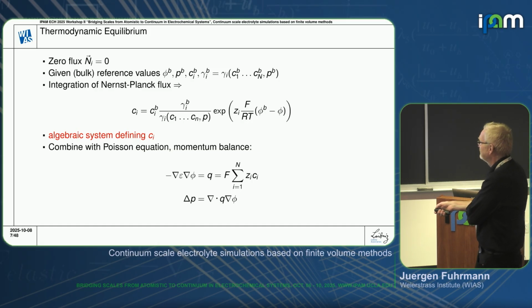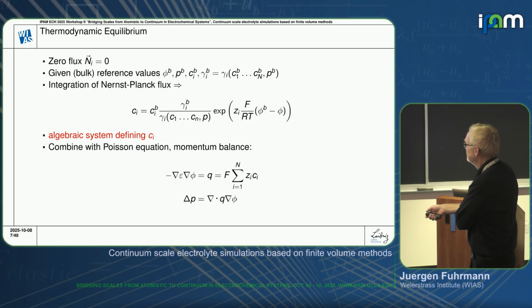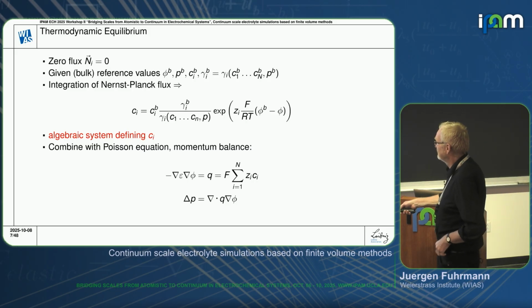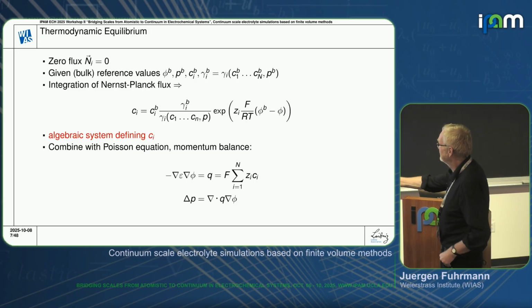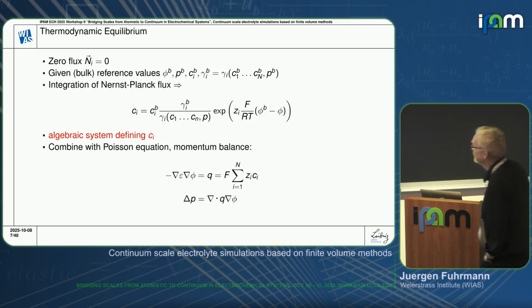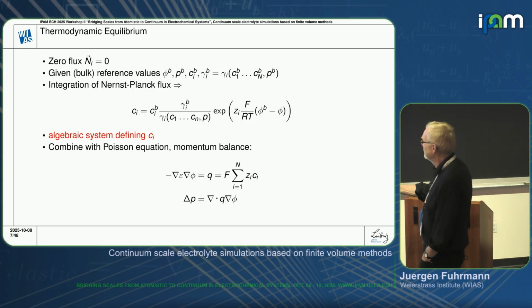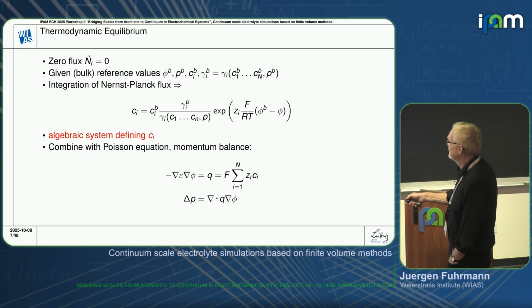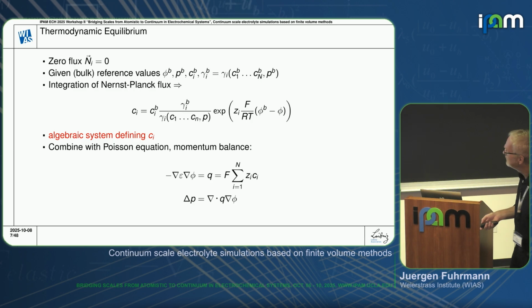And we can combine this with the Poisson equation and the momentum balance. So in this case, where we write it in this general form, we have these two PDEs and the corresponding algebraic equations which describe the concentrations, and all this needs to be solved together in a consistent way.